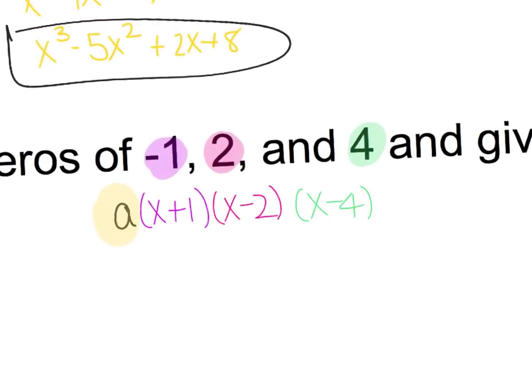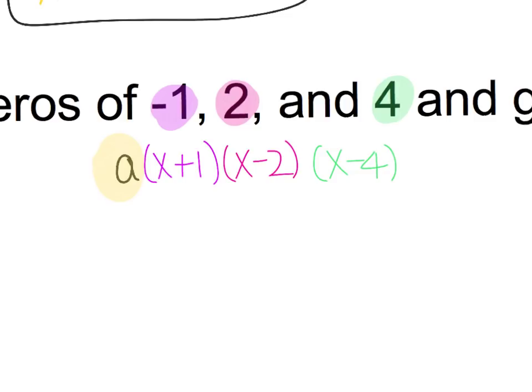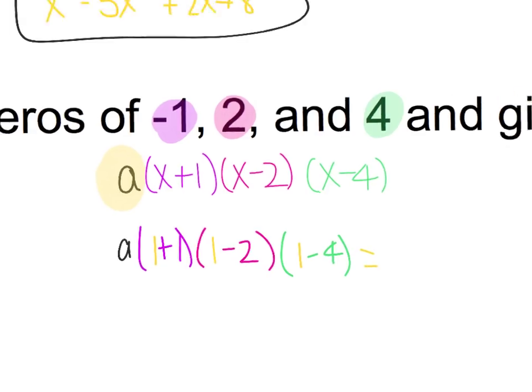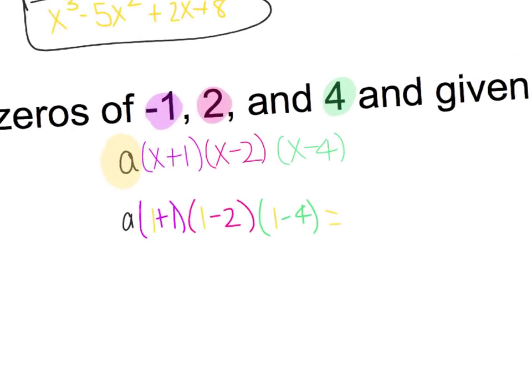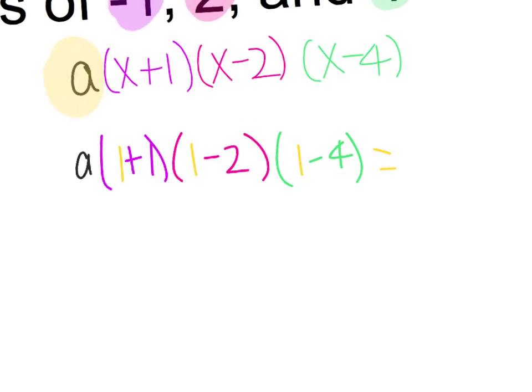So if I apply that to this problem, if I plug in 1 for x, I have a times 1 plus 1 times 1 minus 2 times 1 minus 4, then I should get my output, which we said was 3.